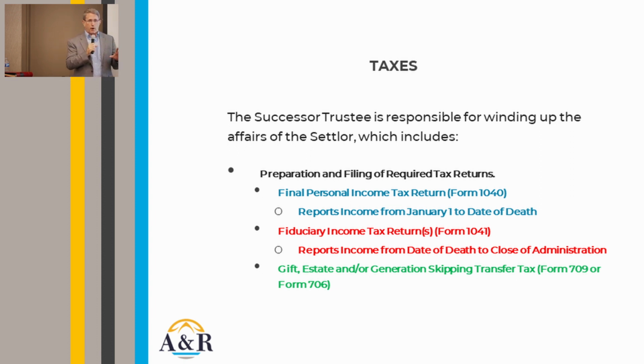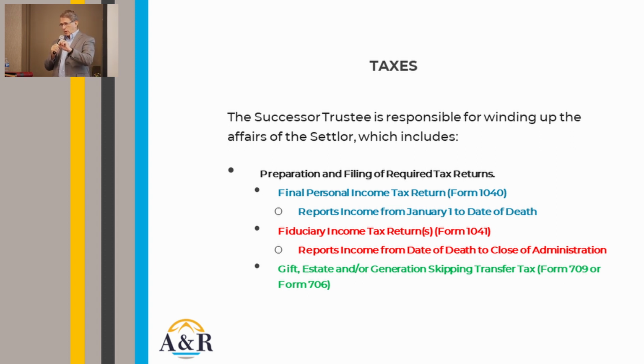That's usually prepared by the tax preparer the individual had prior to their death. And for a single person, it's going to go from January 1st up until the date of death. And then for a married couple, they'll include the decedent's income up to the date of death, plus the other spouse that lives till the end of the year, their entire income will be included.